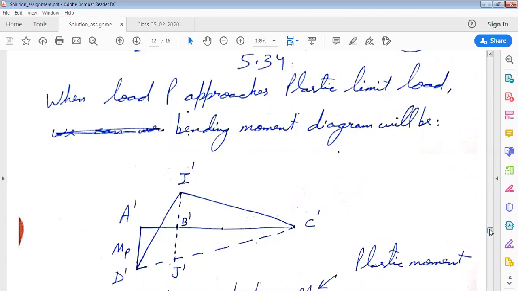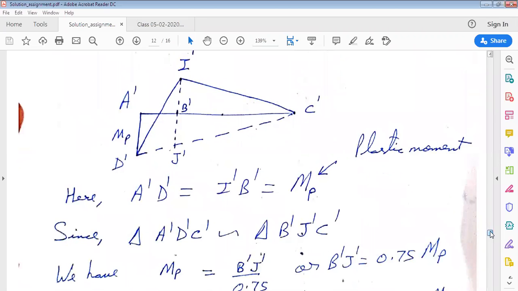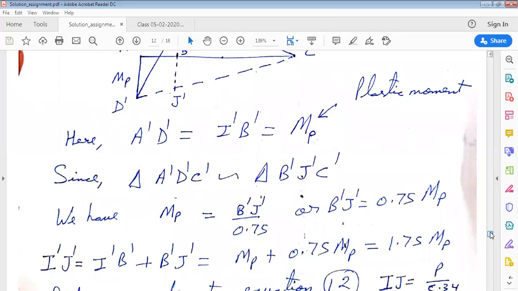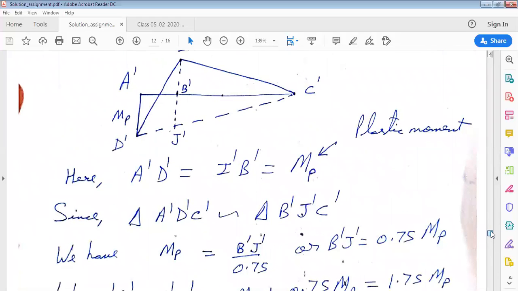Again here, triangles A dash D dash C dash is similar to B dash J dash C dash, and therefore we can write B dash C dash by B dash J dash equal to A dash C dash divided by A dash D dash.